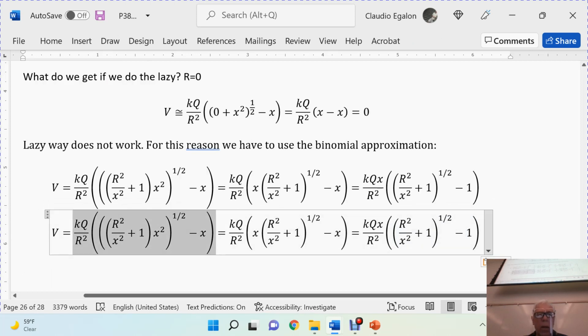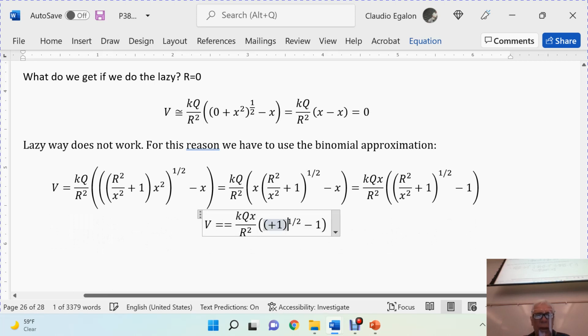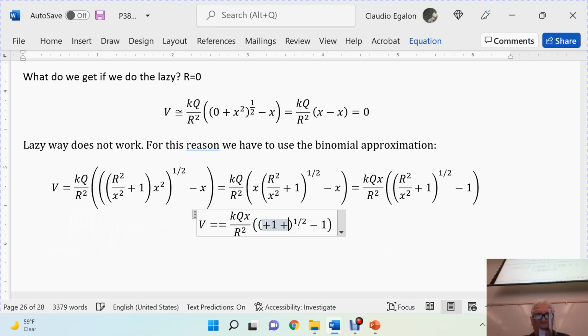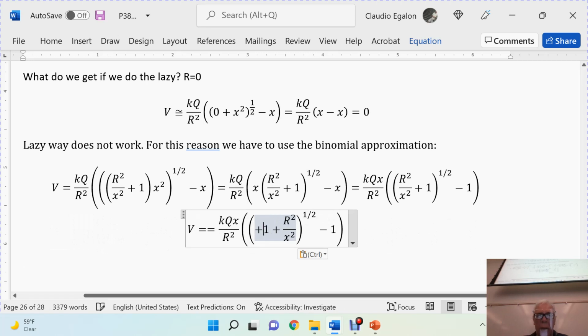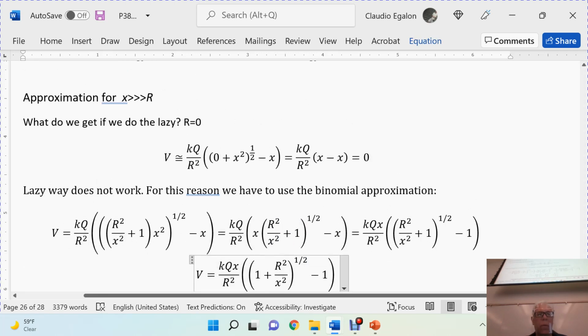It's usually better to put the ratio after the 1. And now we can start thinking about doing the binomial approximation. The next step is going to be an approximation because I'm going to use the binomial approximation.